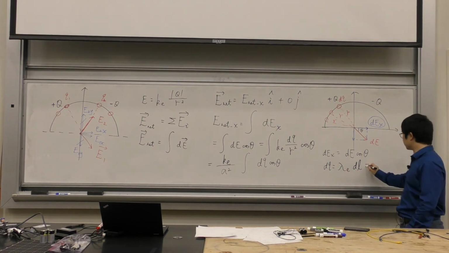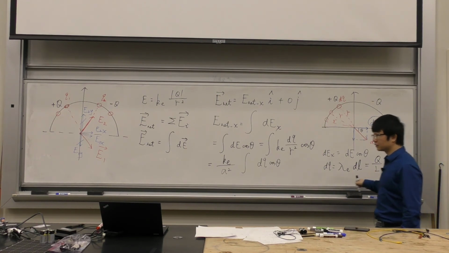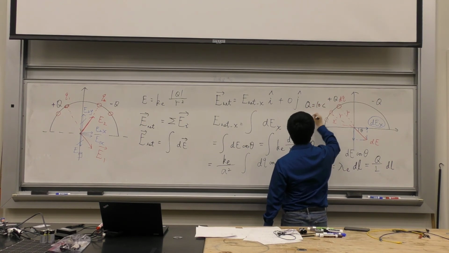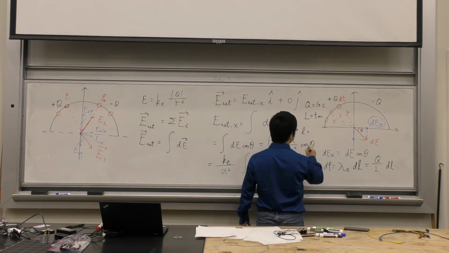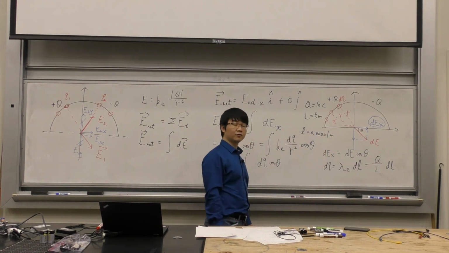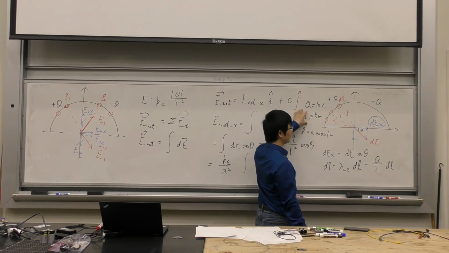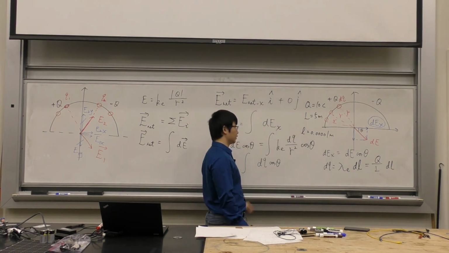Because this lambda is just going to be q over L. So intuitively, as I said, if the total charge is 10 coulombs, the total length is 5 meters, how do you find the charge on a very, very small 0.00001 meter segment? Well, I would divide this by the total length and multiply it by the very small length of this piece I pick, right? That's how I find the charge on this very small piece I pick.